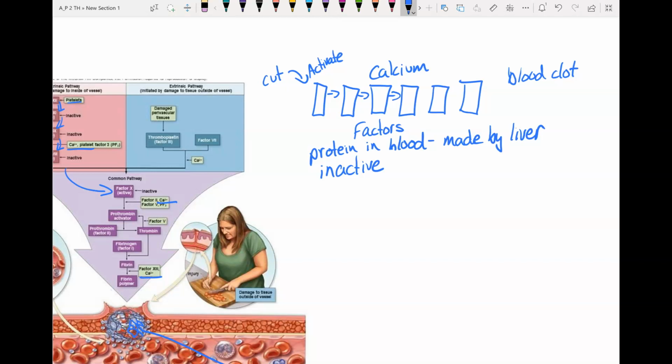So you have these factors from your liver. When you get a cut, they begin activating each other.